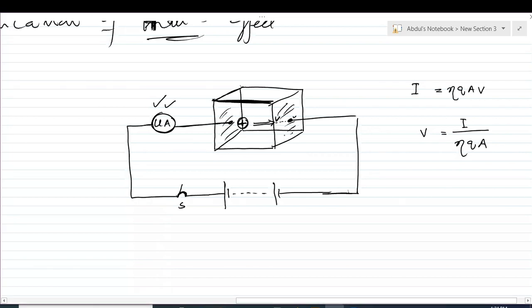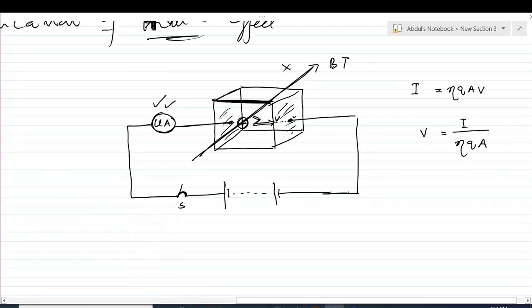So the charges are flowing with this drift velocity, drift speed v. When a magnetic field is introduced here, perpendicular to the direction of motion of the charged particle, like this. Suppose this is the direction of the magnetic field in Tesla, making an angle of 90 degrees. Meaning this side North Pole at the back, here the South Pole.